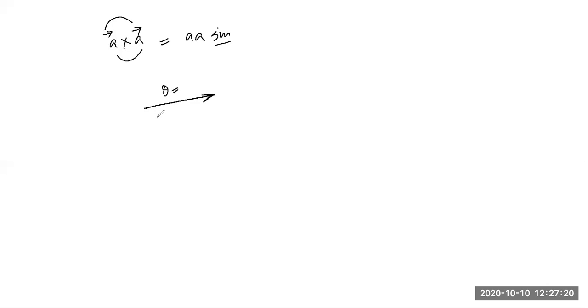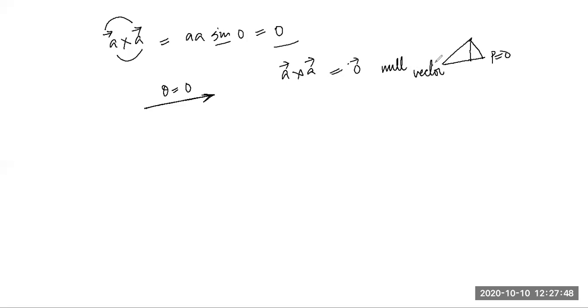What's the angle, Ishma, between these two vectors? Good. Sine 0, which is 0. So remember that the vector product of a vector with itself is a null vector. Same direction, but its magnitude is 0.